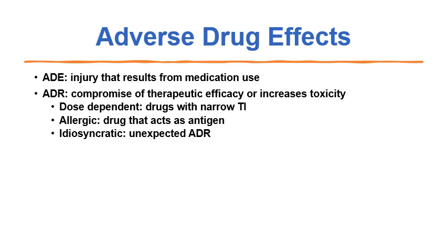This could be an unexpected adverse drug reaction, so those are not dose dependent or allergic. They could just be a genetically determined abnormal response. So they could be something that isn't really expected from the particular drug, because the individual just has a different interaction to the drug that is taken.